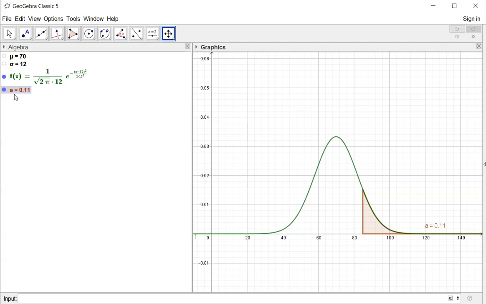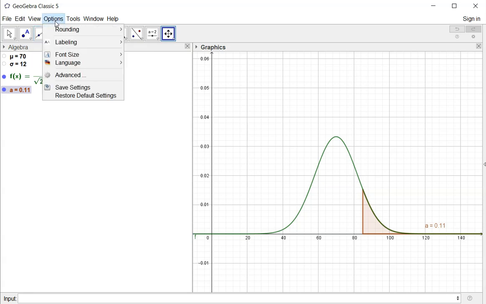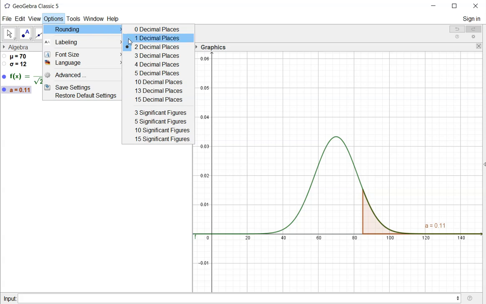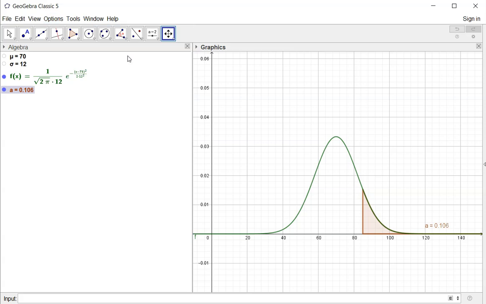You can see that the value came out to be 0.11, which means that approximately 11% is the probability. If you want to see 3 decimal places, you can change that. So you can see that it's actually a 10.6% probability to get at least an 85 on that test, which is fairly rare.